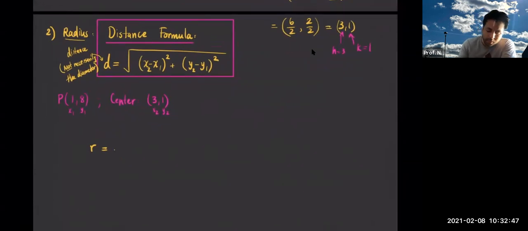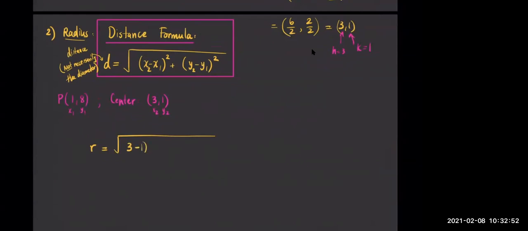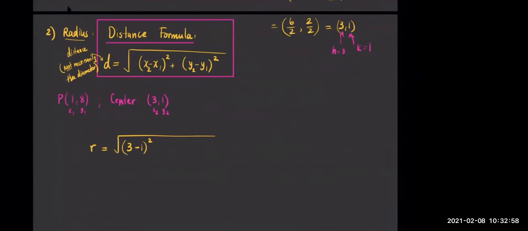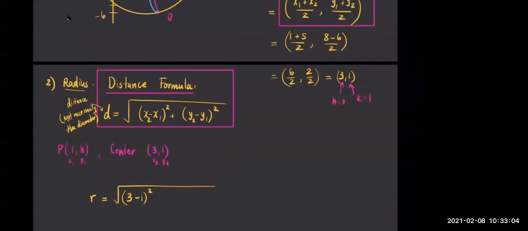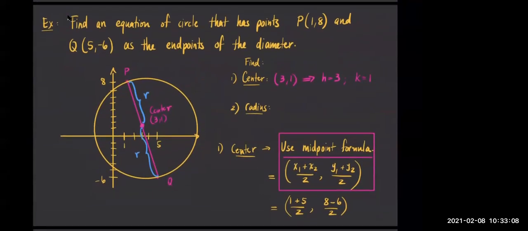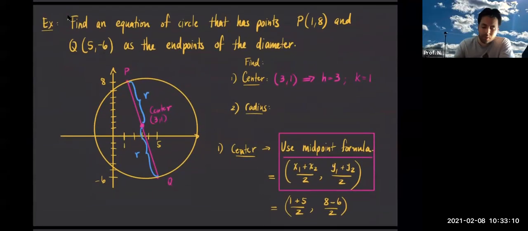So the radius will be the square root of x2, which is what? 3. Professor, quick question. Yes. Could you have used the original other coordinate? Which one? 5, negative 6. Yes, of course. You just chose to use the center instead? No, I could have. Are you asking me to use P and Q to find the distance between them?